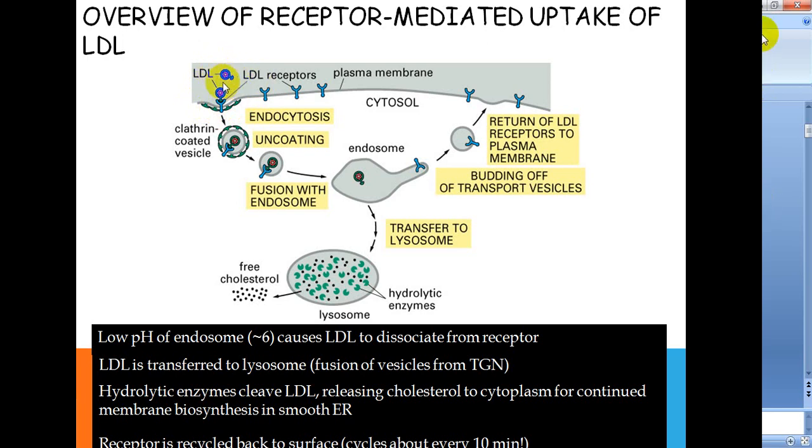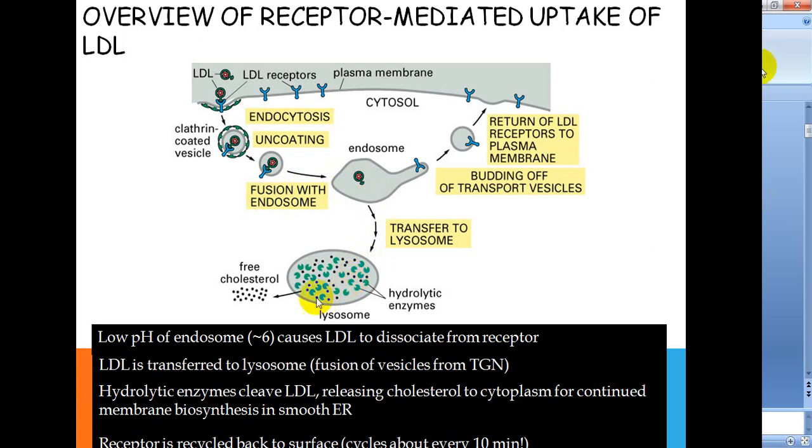The low density lipoprotein is recognized by the LDL receptor, and the LDL receptor brings the LDL to the clathrin coated vesicle, and this clathrin coated vesicle, after being uncoated, fuses with the endosome, and it is transferred to the lysosome.